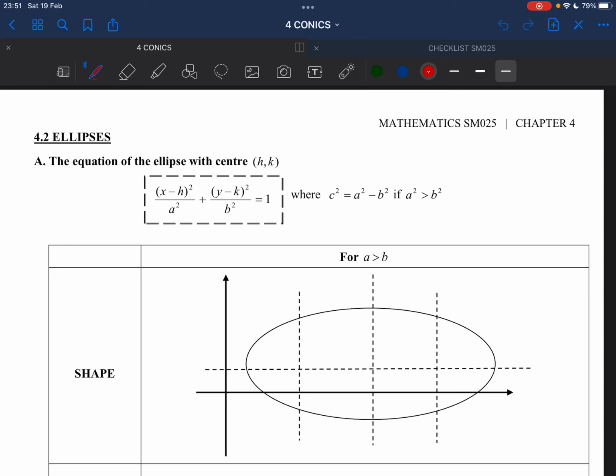Let's go straight to the example. Not the example, I will show you how to label the ellipse here. You already know the equation of your ellipse: (x minus h) squared over a squared plus (y minus k) squared over b squared equals 1, with center (h, k). So your h and k is the center. There are keywords here for ellipse.